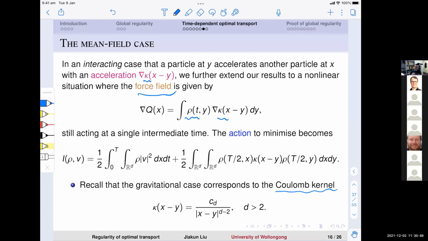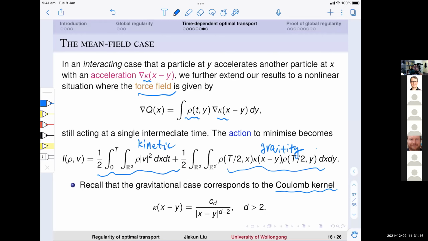In that case, the functional we are going to minimize again has two parts. The first part is kinetic, and the second part is the energy coming from gravity. As you can see, a convolution happens there. It makes sense because it's coming from the Laplacian equation.